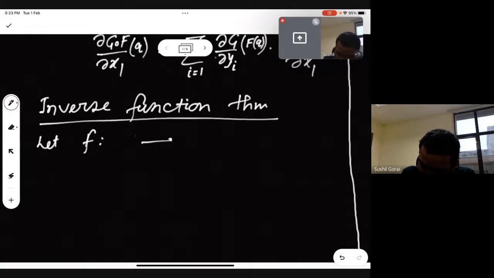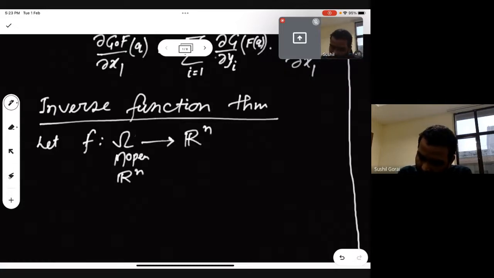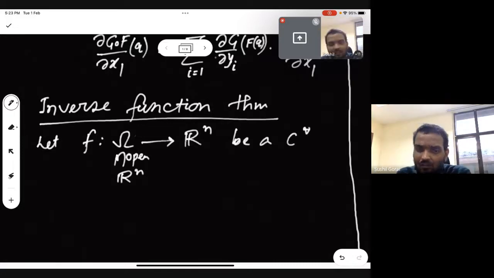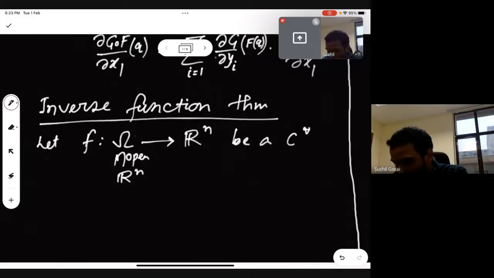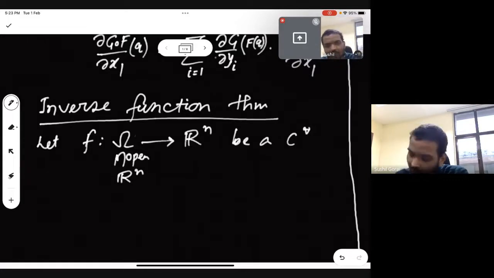So let's write it as omega to Rn, where omega is an open subset of Rn. So this is C infinity. I'll consider a C infinity map, though whatever amount of smoothness you take, you get back that much smoothness.